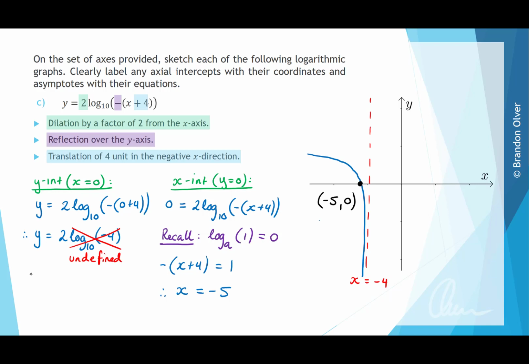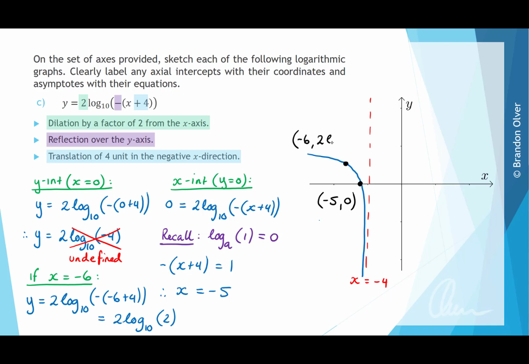So we're going to consider the case if x equals negative 6, and that will give us a y value equal to 2 times log 10 of negative 6 plus 4. And that will equal 2 times log 10 of 2. So at this point here, when x is negative 6, the y value is 2 log 10 of 2. So that is the graph for part C.